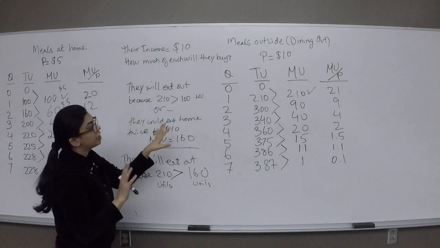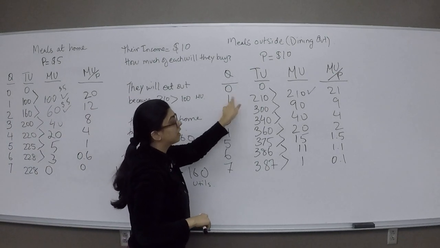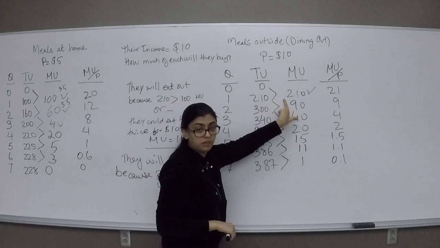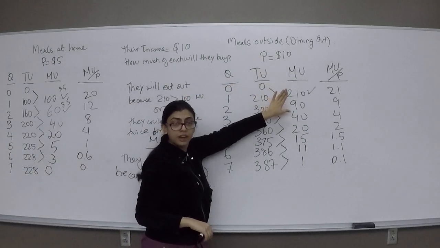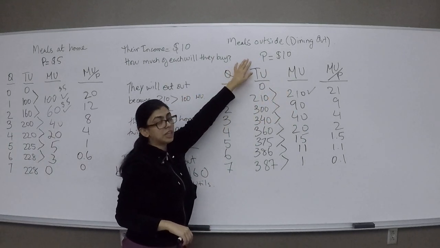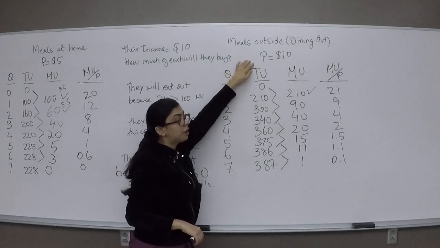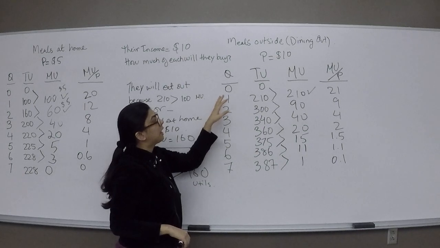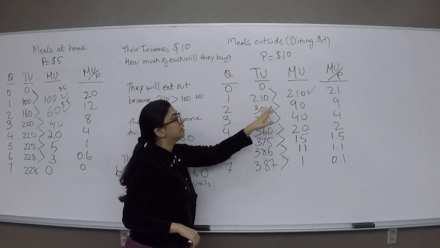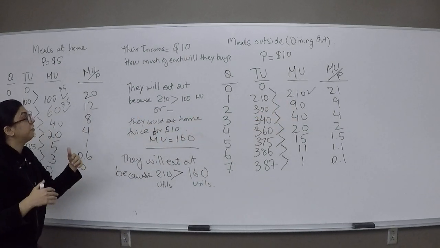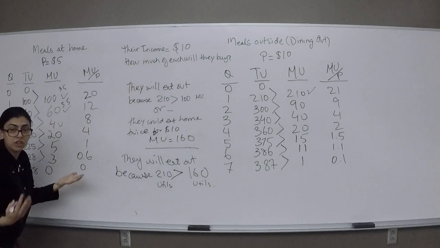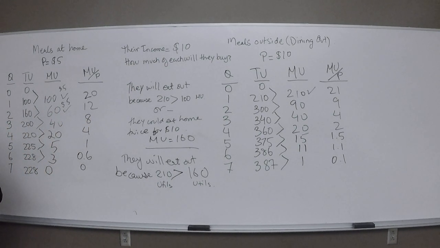Now, the first meal outside gives them a satisfaction of 210, right? And it costs them $10. So you'll spend $10 on the first meal, because per meal is $10. Now you have no money left to spend on that. Your second choice is to spend that $10 eating at home.